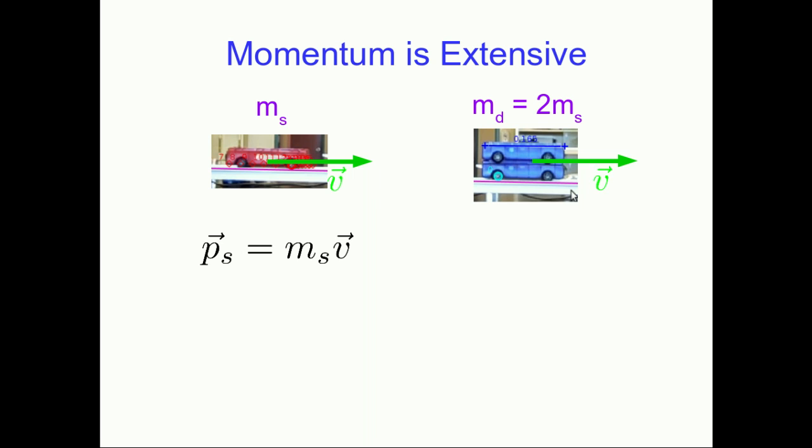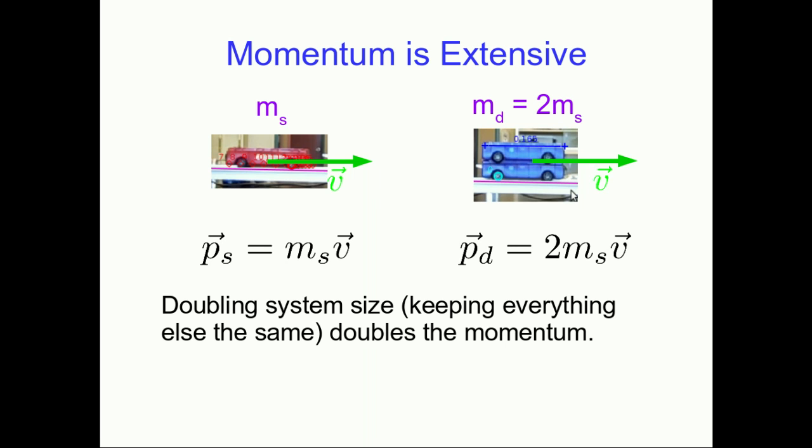So the momentum of the single cart is just its inertia times v. The momentum of the double cart is just its inertia times v, and that is exactly twice the momentum of the single cart. So what we see is that if we keep the v's the same, so keep everything the same except double the system size, the momentum doubles.